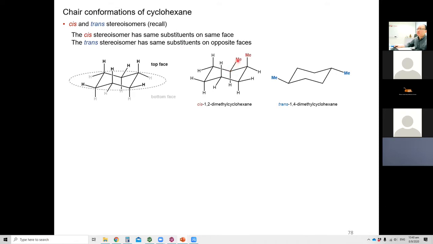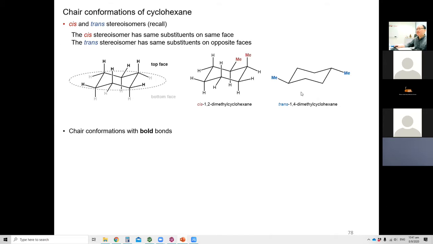And another methyl group also pointing up. But if you have a trans-1,4-dimethylcyclohexane, this methyl is pointing down, while the other methyl is pointing up. Because there is an imaginary plane, if they are on different faces, this one on the top face, this one on the bottom face, they are named trans instead of cis.